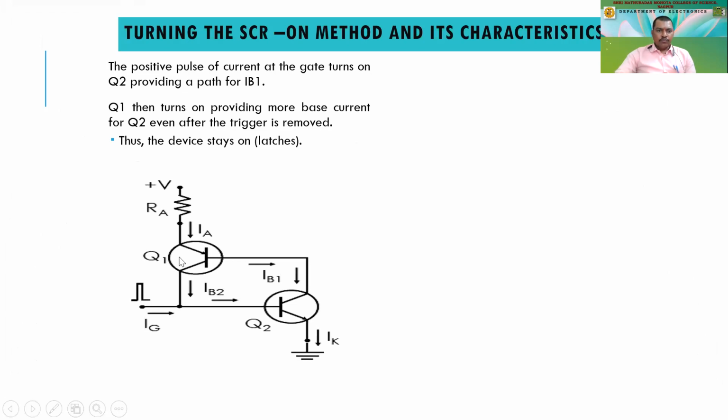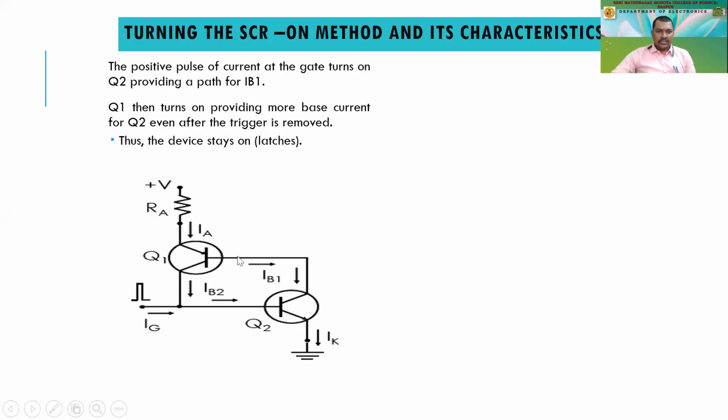So this is the diagram of the transistor analogy circuit, and it is very simple to understand. This is a transistor with a collector connected to the gate, as I told you, and the same is given to the base of transistor Q1. As you apply a simple pulse to the gate, transistor Q2 becomes on, and as a result it starts draining current from Q1.